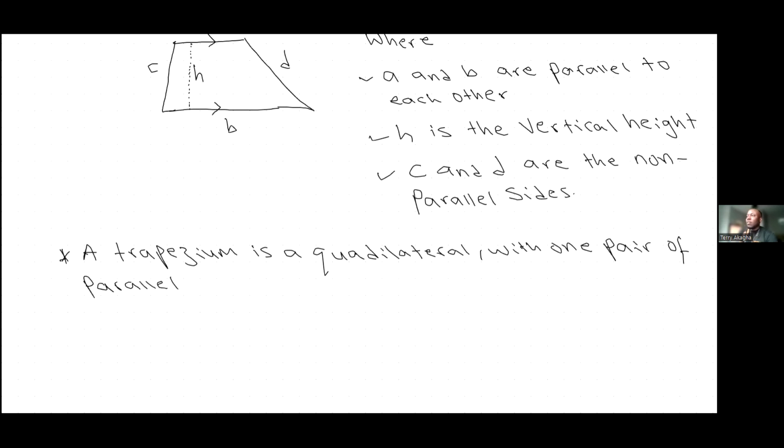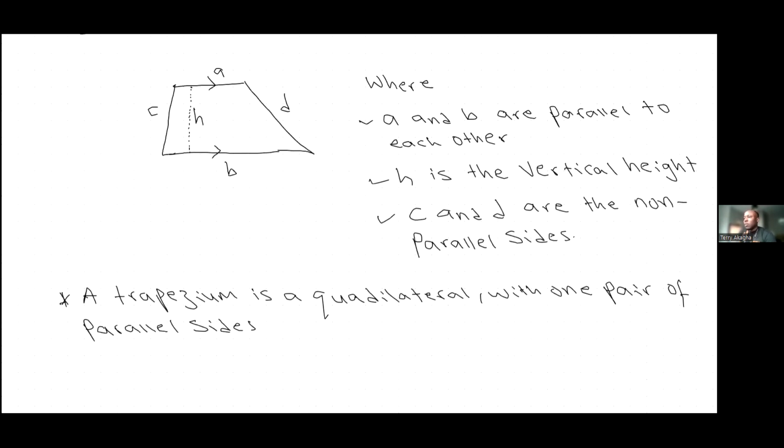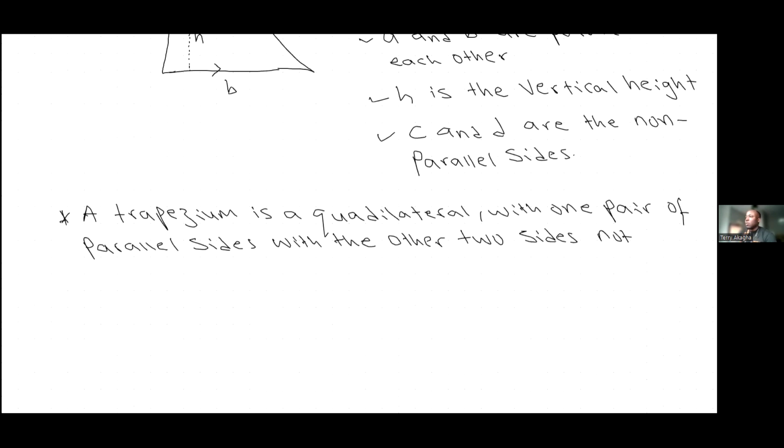In this example, the parallel sides are A and B. Then the other two sides are not parallel. And that is it. That's how a trapezium looks like.